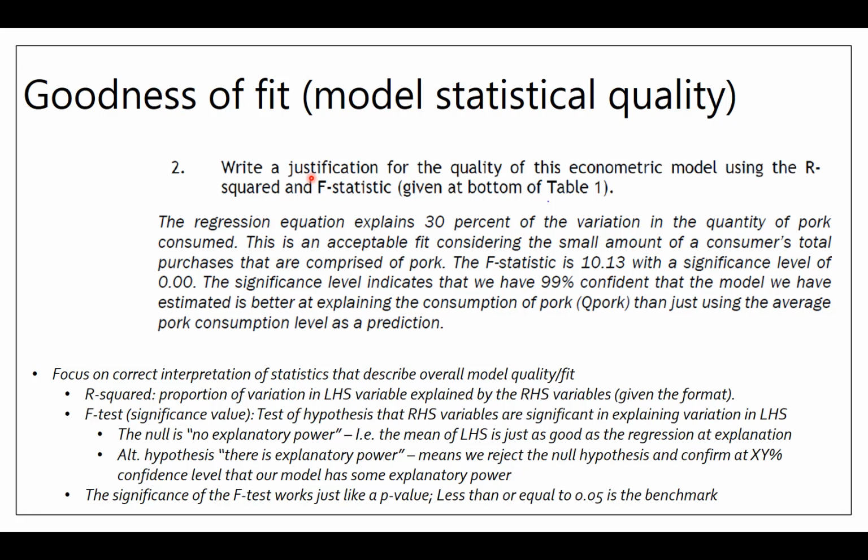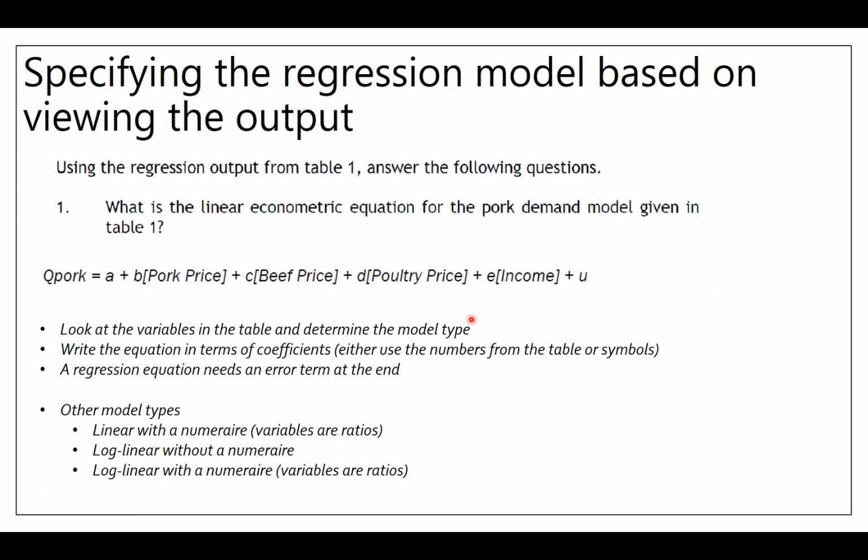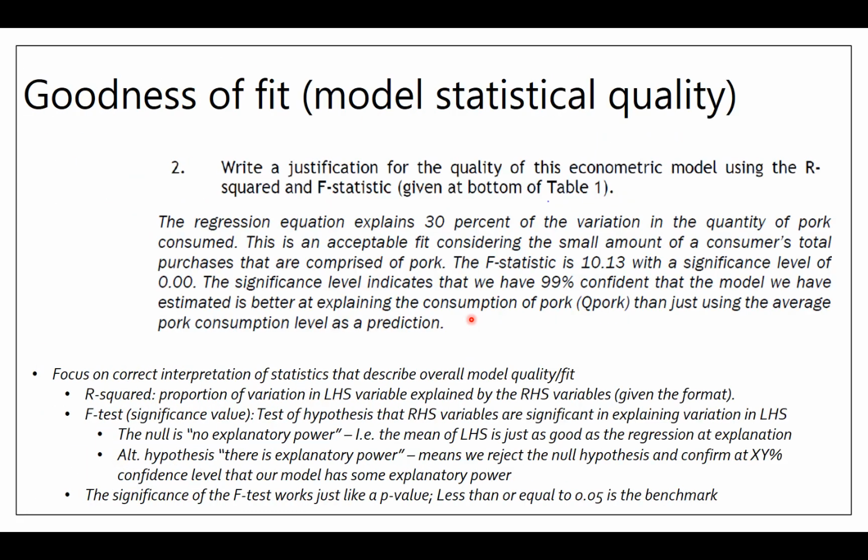Okay, question 2 here is on justifying the quality of the overall econometric model or the overall regression. And here's sort of an example of how I'd write about the results that we saw way back here. Anyway, focus on correct interpretation of statistics, and only really the ones that describe the overall model, because that's what they're for.